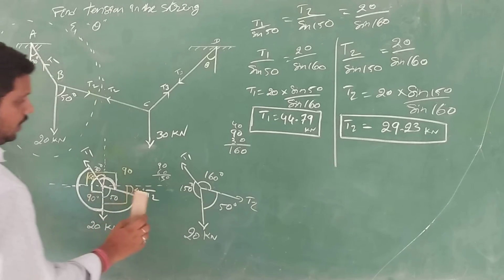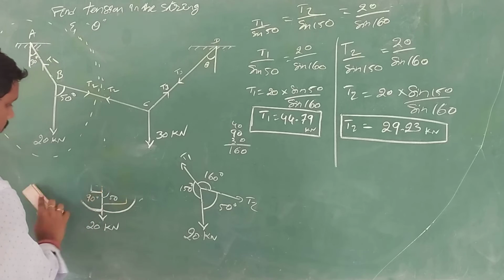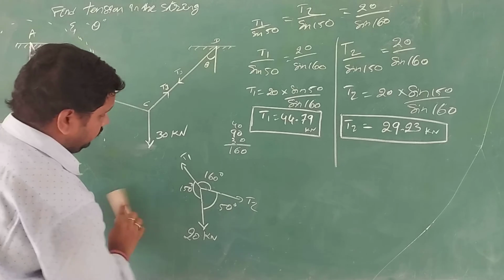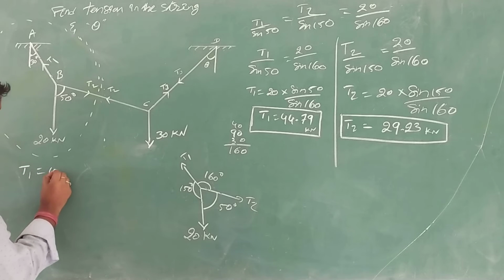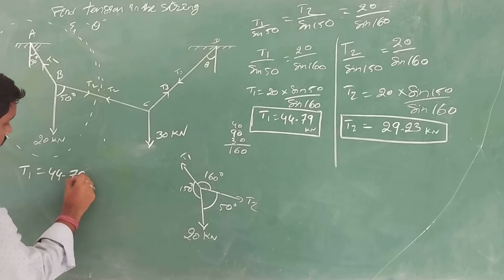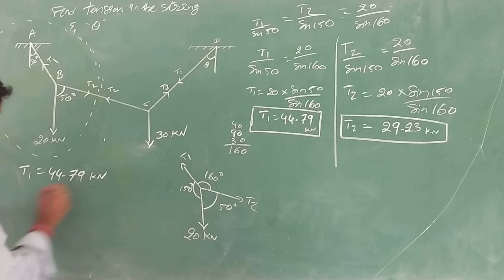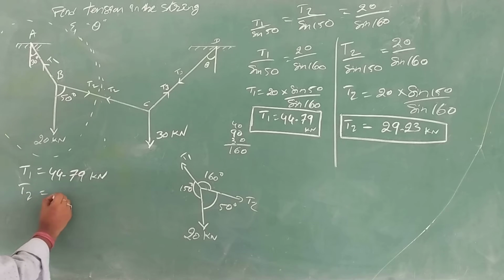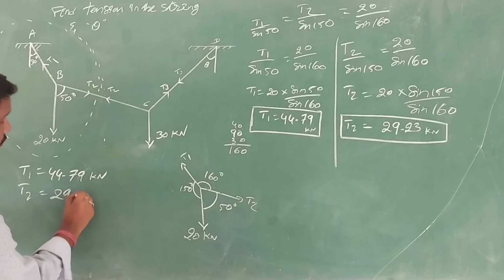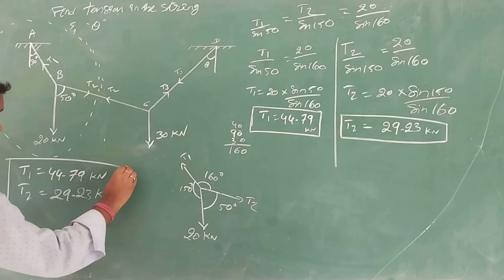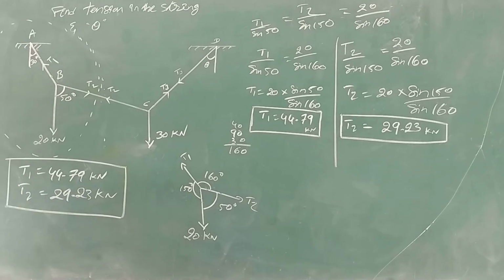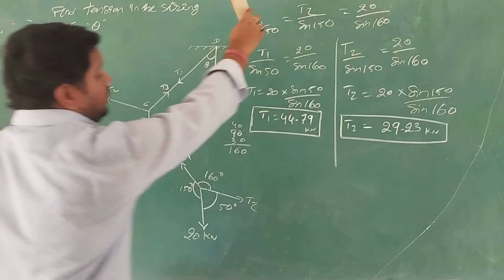So I am just erasing this one. Here I write it as T1 is 44.79 and T2 is 29.23. Two values which we got. Now I'll just erase this part.